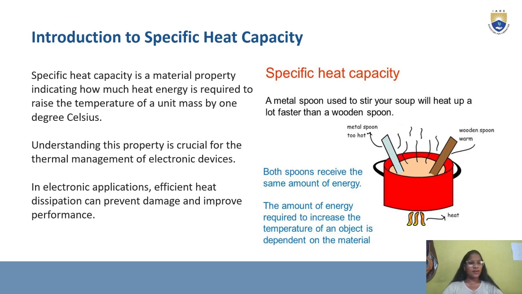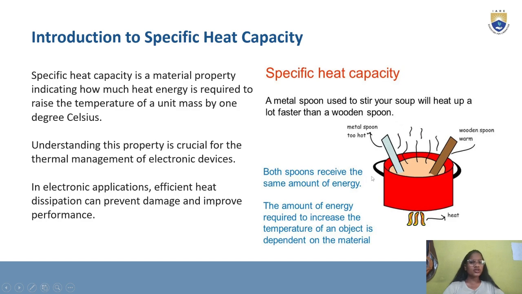Here we have an example. The heat when we place a pan and it has a hot substance in it. For example, let's take soup, and you have kept two spoons. One is a metal one and the other is a wooden one. A metal spoon used to stir your soup will heat up a lot faster than the wooden one, right?